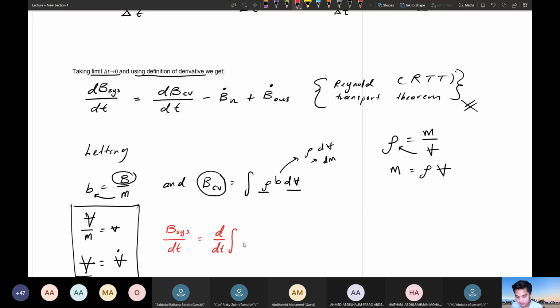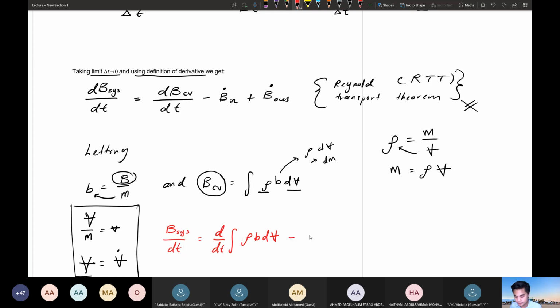We will have the density multiplied with b dV. Remember that rho b dV is b multiplied with the mass. Minus b in here.